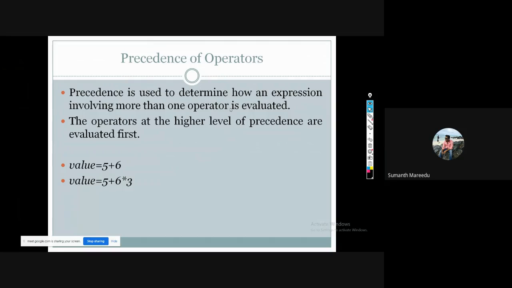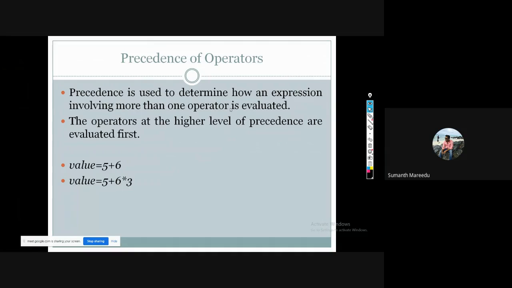Precedence is used to determine how an expression involving more than one operator is evaluated, that is, which operator you are going to apply first.